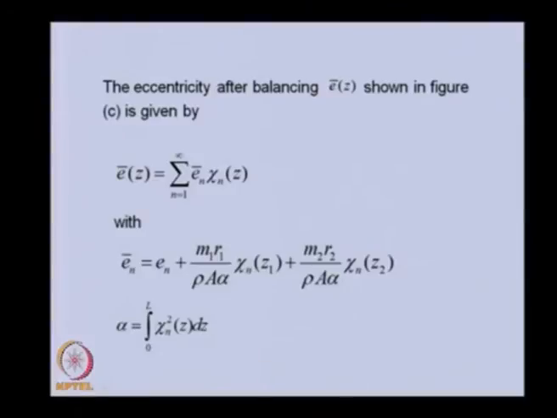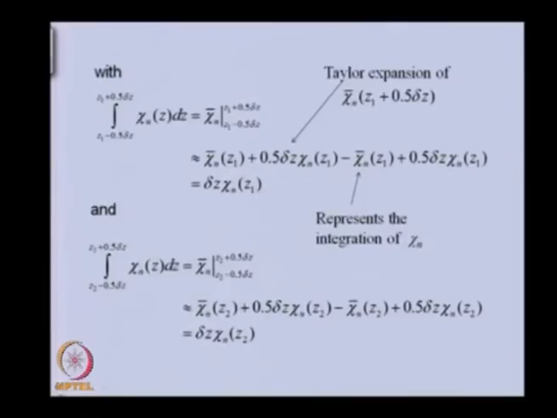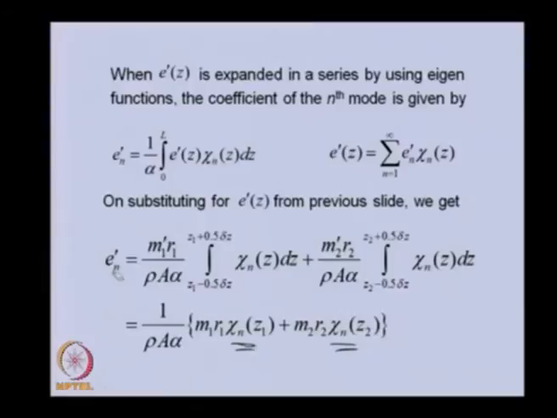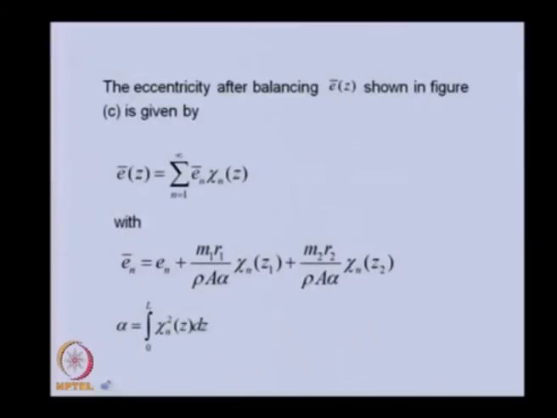So these two we obtain here: this is due to the shaft eccentricity, these are due to the eccentricity of the correction mass, and alpha is given by this.